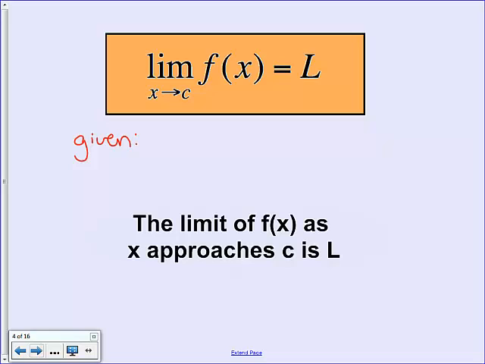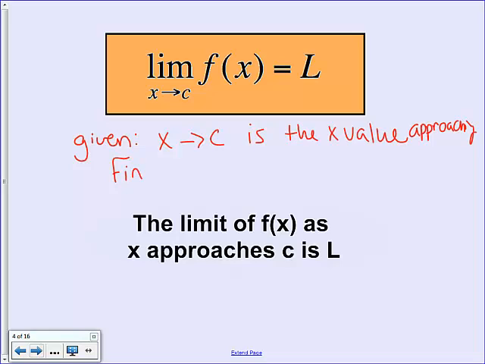You're given, so the x approaches c is the x value you are approaching, and then we want to find the y value.